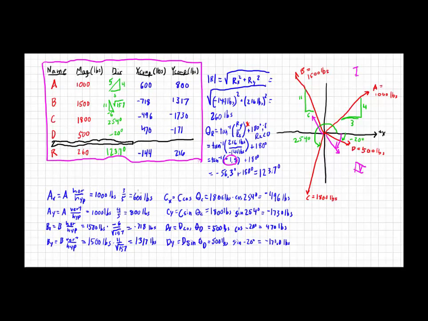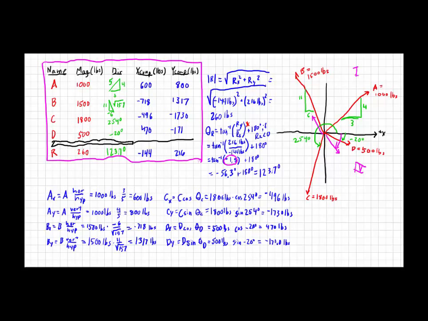In a previous video, I showed you how to take four forces that are concurrent at this point and put them into a table with their magnitudes and directions, then find the components of each of the forces, then add them up into the components for the resultant. Then, using the Pythagorean theorem and our inverse tangent formulas, we can find the magnitude and direction of our resultant.